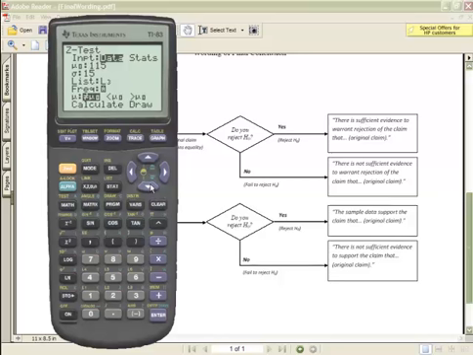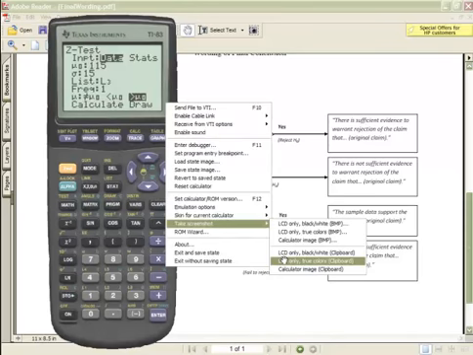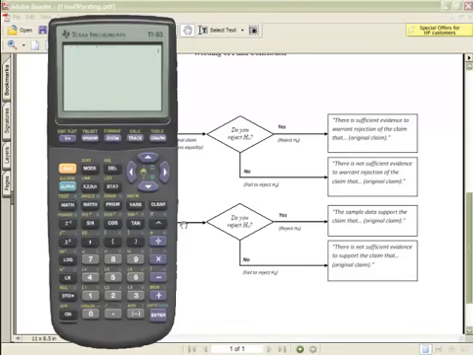Frequency is always going to be 1. And our alternative hypothesis is a greater than symbol, so we want to make sure that we select the greater than symbol. Quick screenshot of this so we can copy it in our notes, and then let's have it do the calculation.